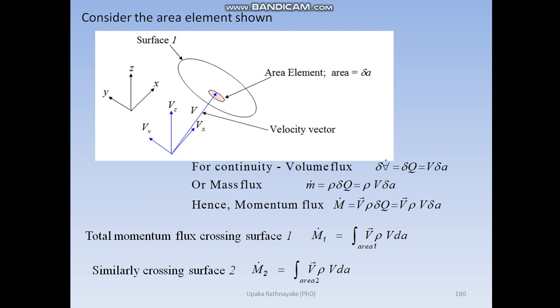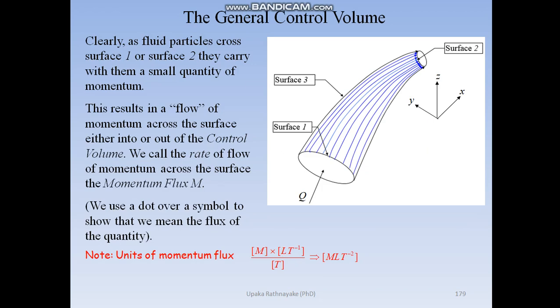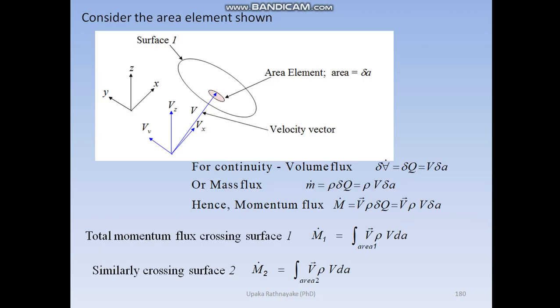Therefore, we can find the external force, since it is the rate of change of momentum. So we need not only the momentum flux, we need the change of momentum flux. Let us write this change of momentum flux from surface 1 to surface 2. We take the momentum flux of surface 2 and subtract the momentum flux for surface 1.